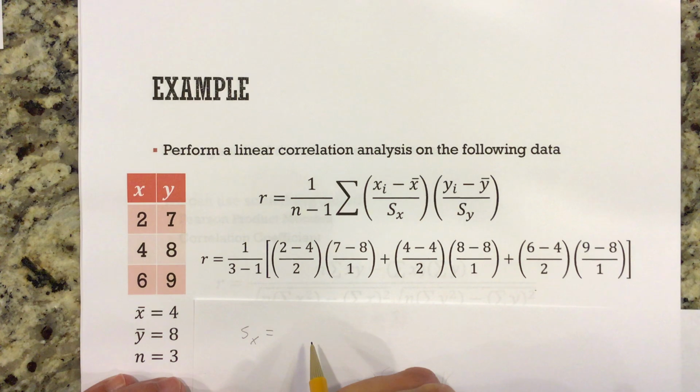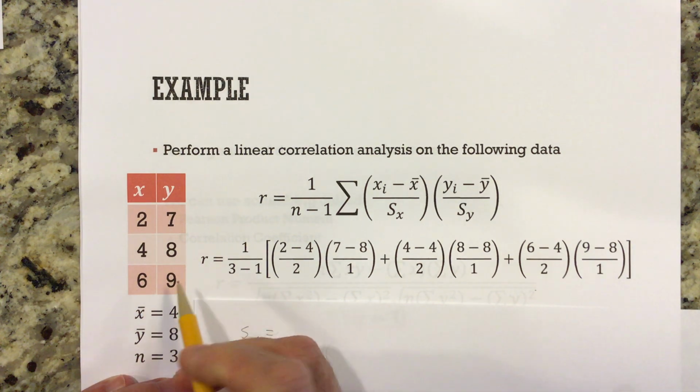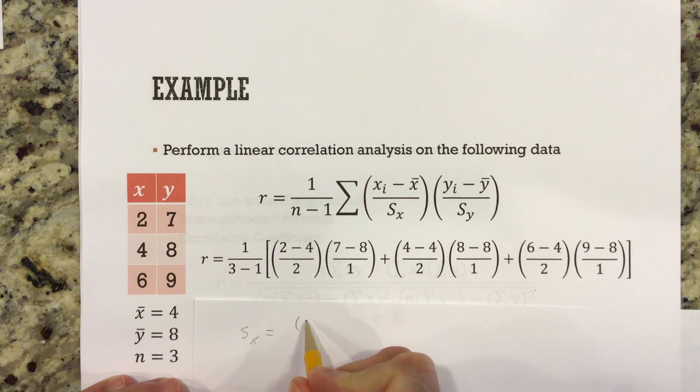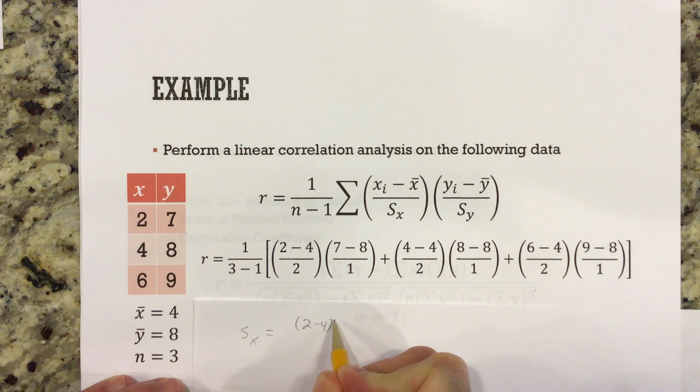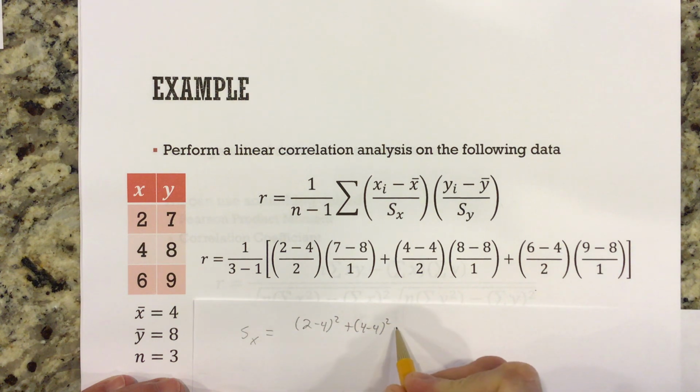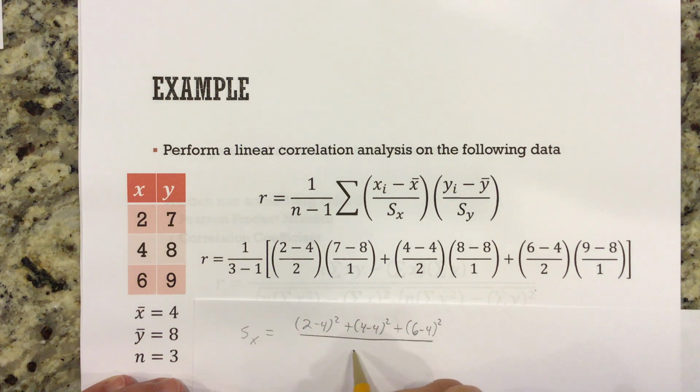Okay, so sample standard deviation. Remember, we're going to take each point minus the mean, squared. We're going to divide by n minus 1, and we're going to square root.